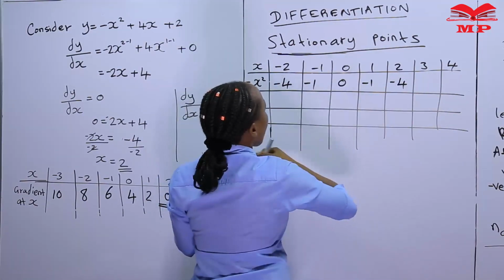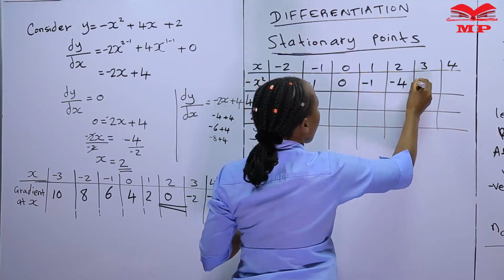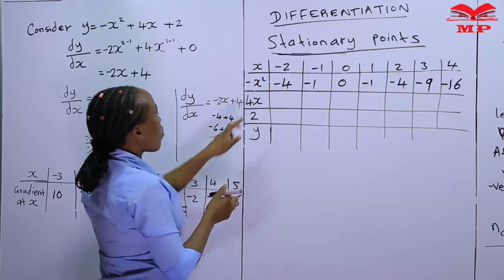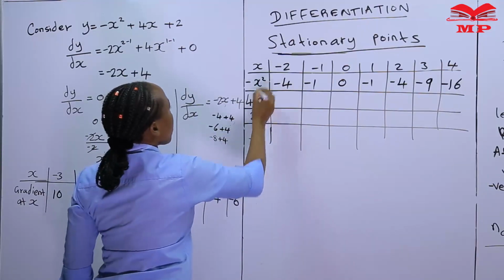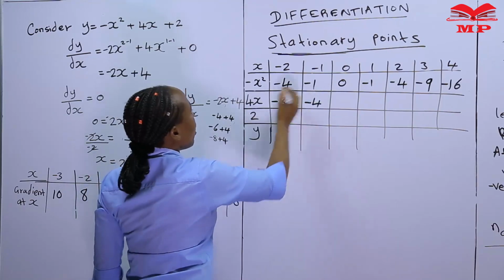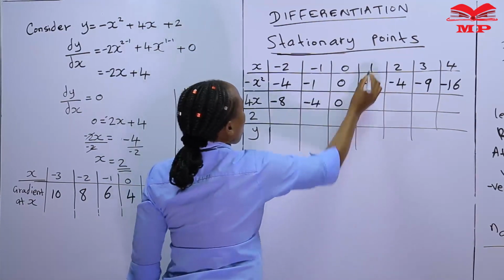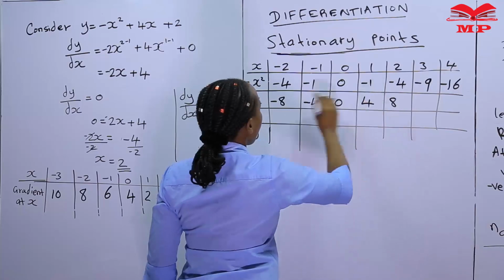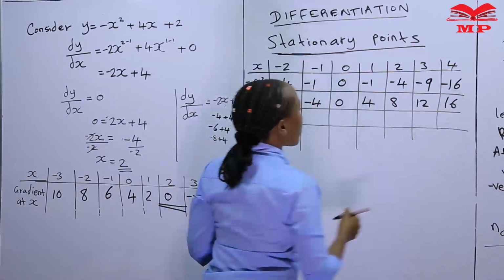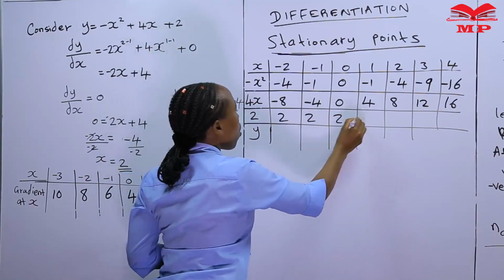We have 3 squared, that is 9, then times -1, then -16. Then we have 4x. Here we have 4 times -2, that is -8. We have 4 times -1, 4 times 0, 4 times 1, 4 times 2 is 8, 4 times 3 is 12, 4 times 4 is 16.